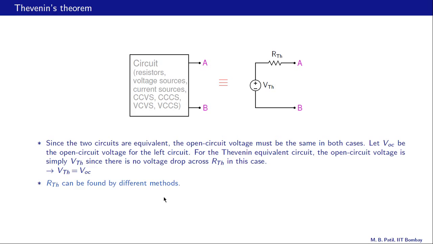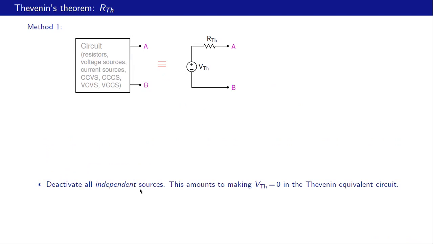What about RTH, the Thevenin resistance here? That can be found by different methods, and let us see what those methods are. Method 1, here is our original circuit and that is the Thevenin equivalent representation. What we do is deactivate all independent sources in the original circuit, and we do the same thing in the Thevenin equivalent circuit as well.